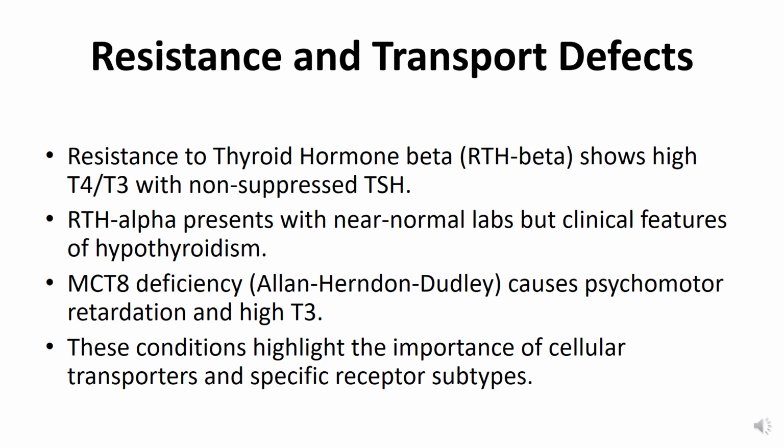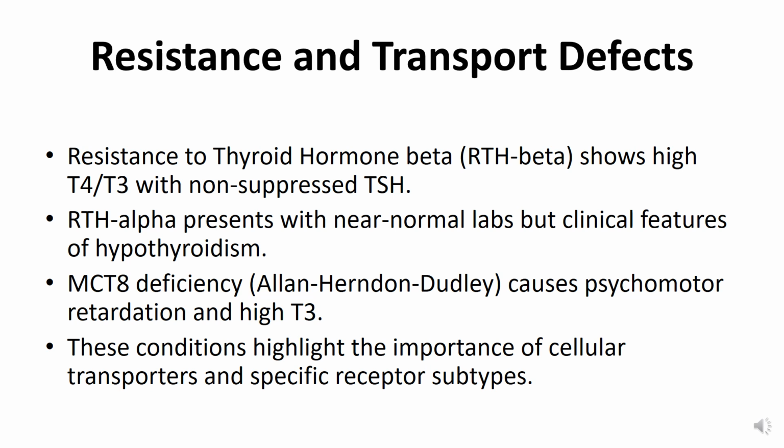Affected children develop severe psychomotor retardation, muscle weakness, movement disorders, and profound neurologic impairment. Laboratory testing often shows markedly elevated T3 levels because peripheral thyroid hormone metabolism becomes abnormal. This condition highlights how essential cellular transport systems are for proper endocrine function.